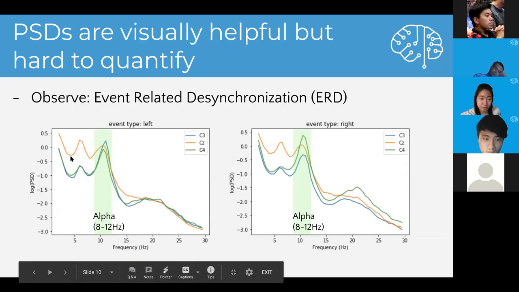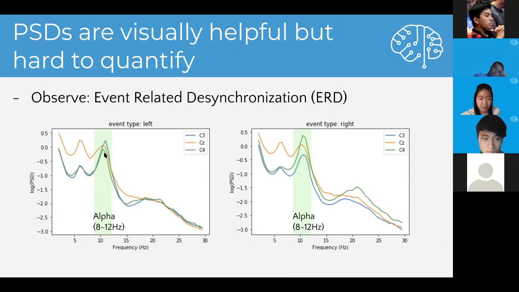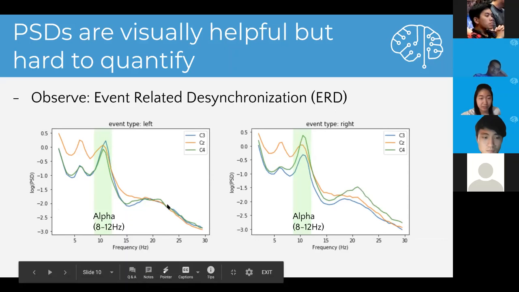A shift in this slope could also give you a different integral value if you were to integrate over just the alpha range, for example. You can imagine how shifting this slope can give you a different value as well.